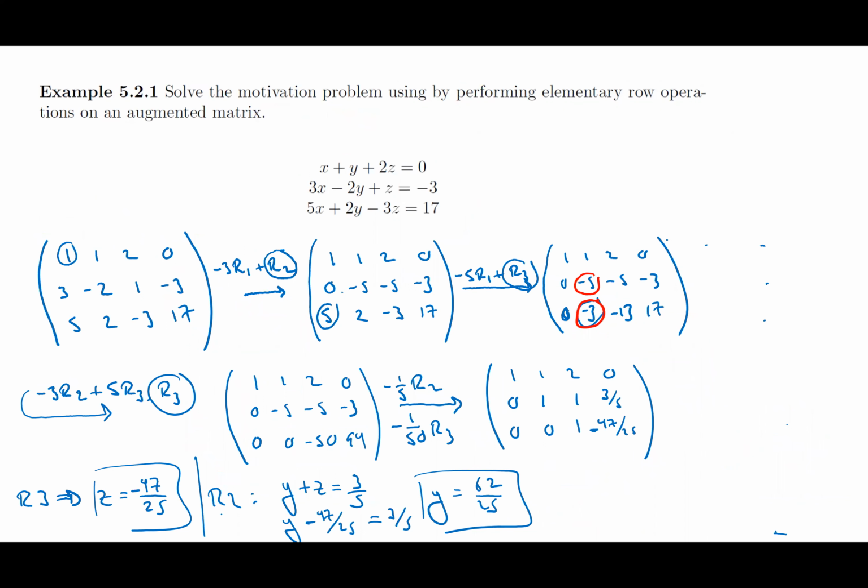And now let's grab our x. So x, right, this is row 1. So row 1 tells me x plus y plus 2z equals 0. So x will be negative y minus 2z, which is, well, we know what y is, right?